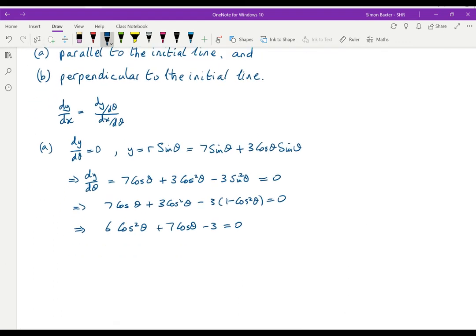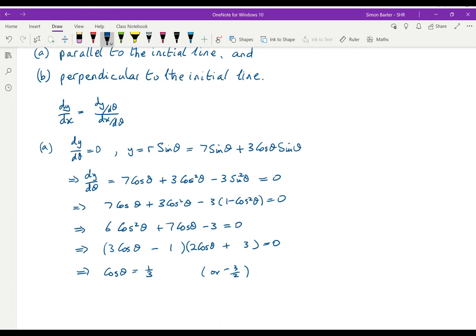Let's factorize that. 3 cos theta, 2 cos theta. If I do 3 times 3, that's 9. And minus 1 times 2, that's 7. Yes, so we get cos theta is 1 over 3, or minus 3 over 2, which is not possible.